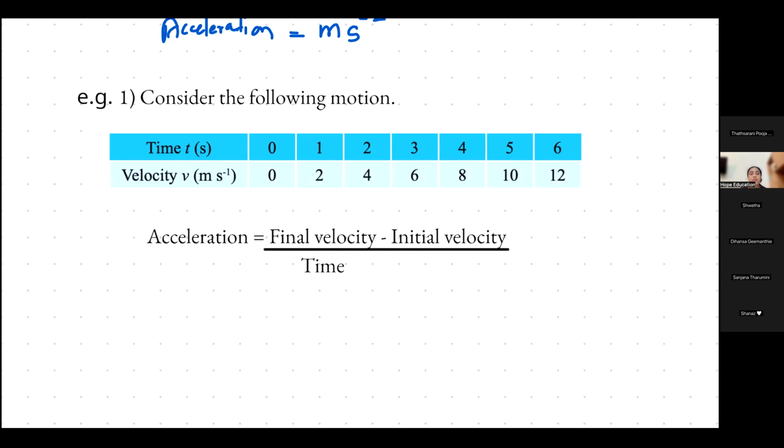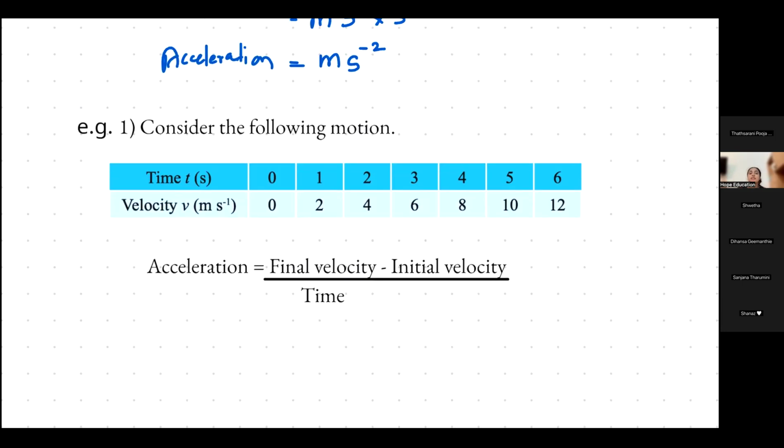All right. So let's consider this entire motion. What is the final velocity of this motion? What is the final velocity of this motion? Final velocity.